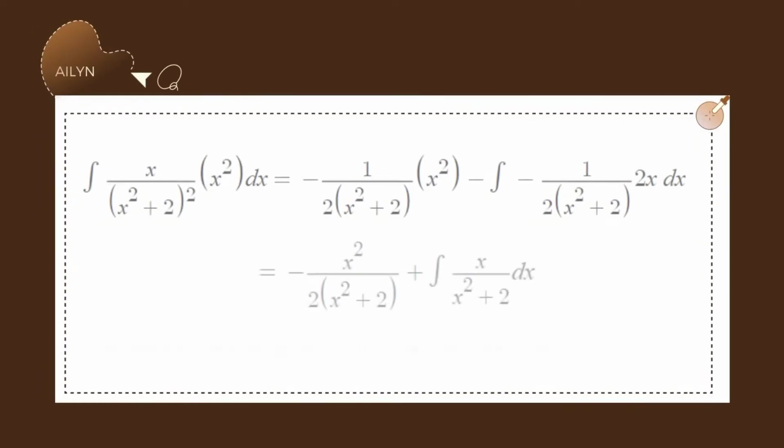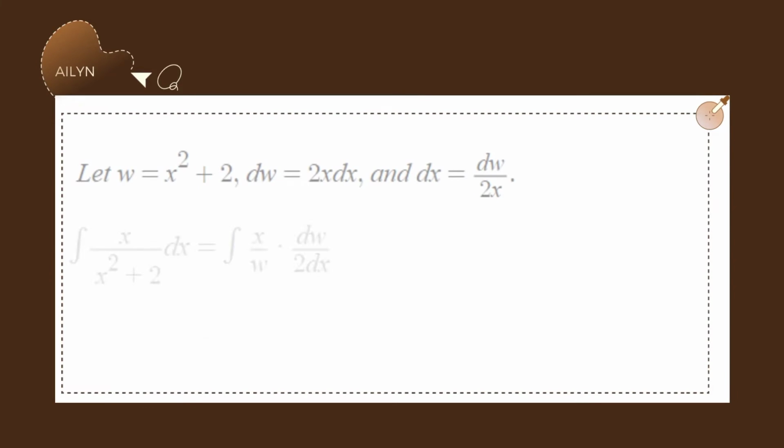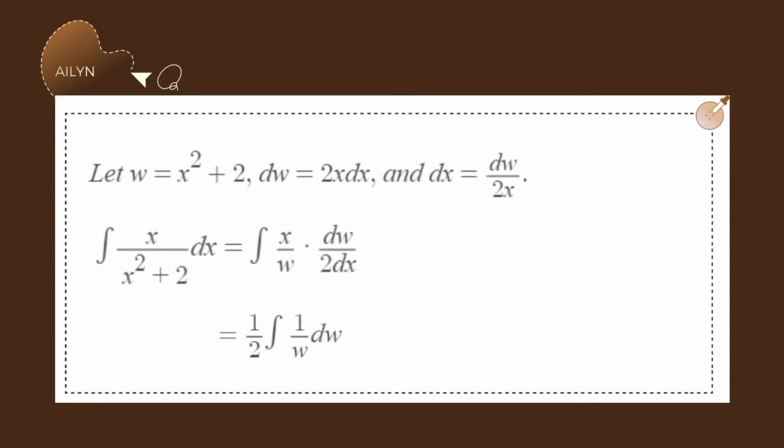By simplifying further, we have negative x squared over 2 times x squared plus 2 plus the integral of x over x squared plus 2 dx. And this second integral can be computed using the same substitution.